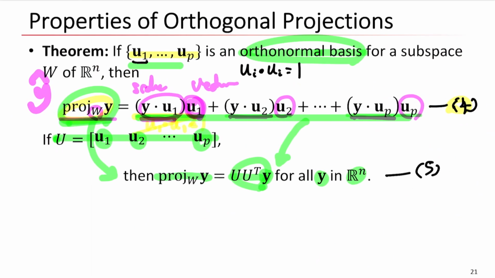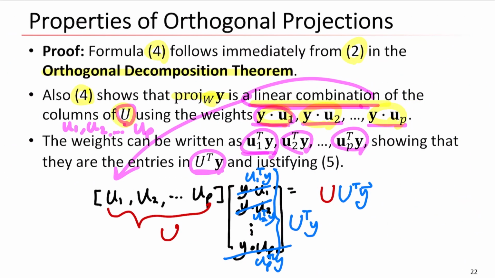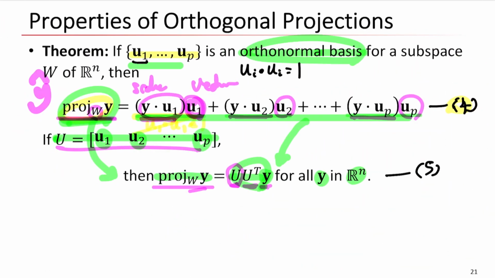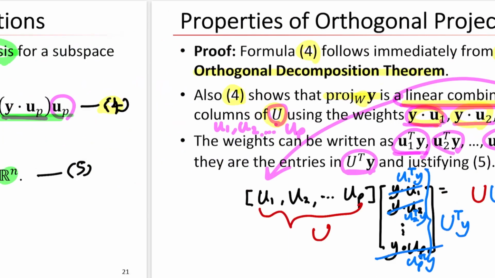So the projection of vector Y onto the W space can be represented by U times U transpose times vector Y, where the matrix U consists of the orthonormal basis as its columns, right? So we can represent this with U and Y with this formulation.